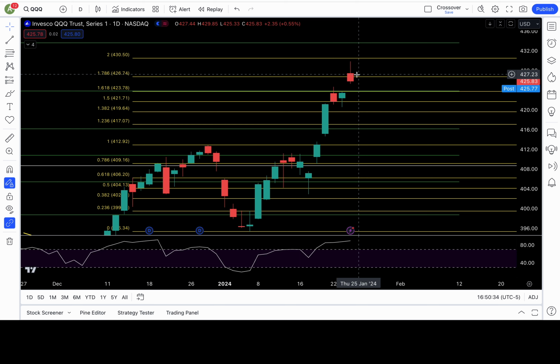So to be bullish, it needs to recapture that level, 426.7, to trigger new highs, possibly up to 428 and maybe to 430.5. Otherwise, below 426.7, I like to see a breakdown of the 425 level to trigger more shorts, putting 423.7, 421.7, and 419.6 in play. Those are fib levels. Okay, and if they break down, I'll be bearish.